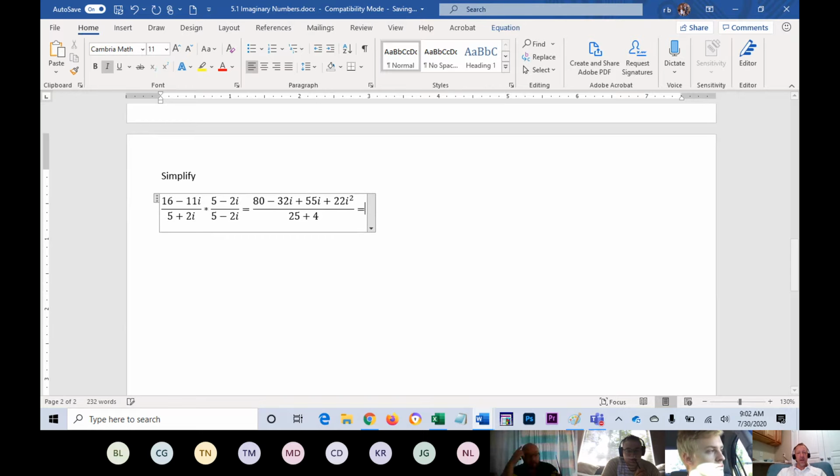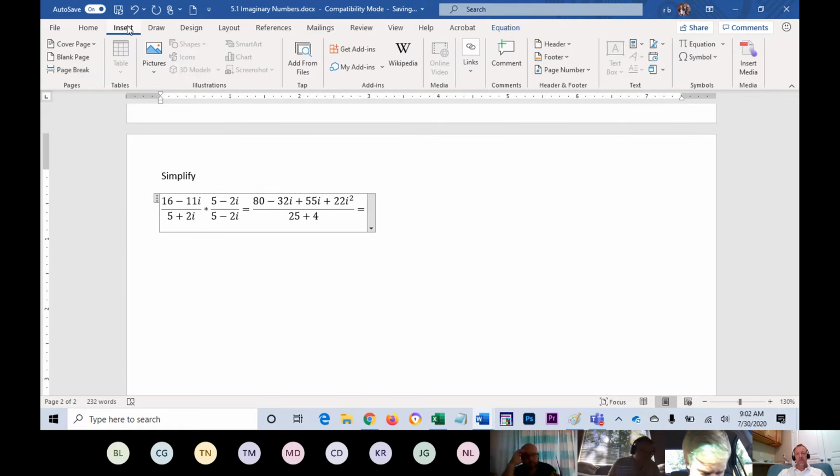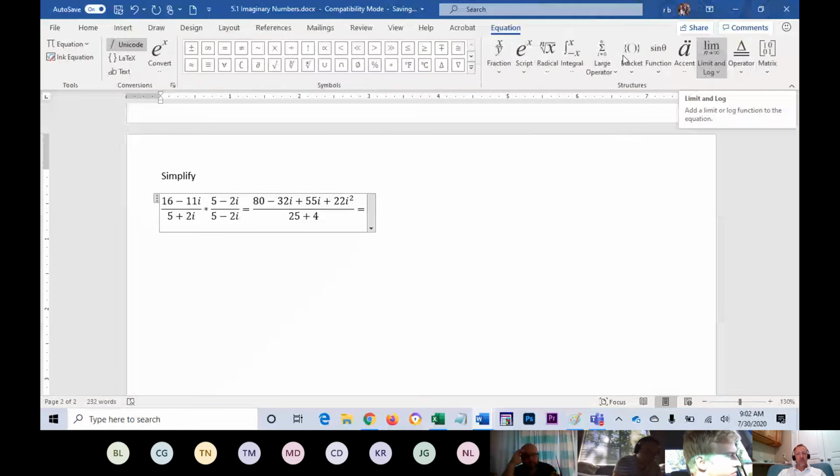So when we simplify that again, on the bottom we've got 29. Wouldn't it be minus 55i? Oh, yeah. Thank you. So on the bottom, we've got 29.